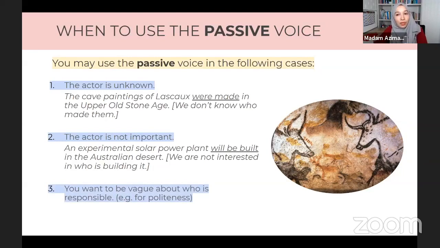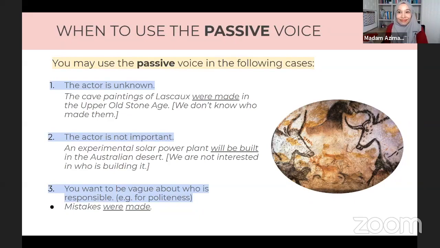Or I like this one as well, a reason for using the passive voice when you want to be vague about who is responsible. So vague in Malay, or like you don't really want to be direct for politeness sometimes, okay? So for example, you say, oh, mistakes were made.